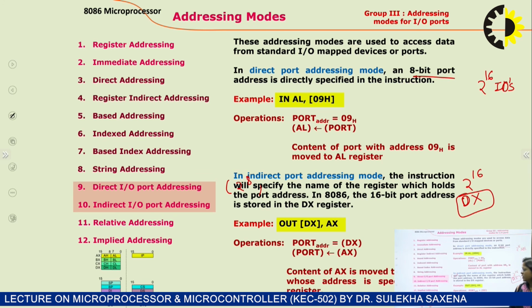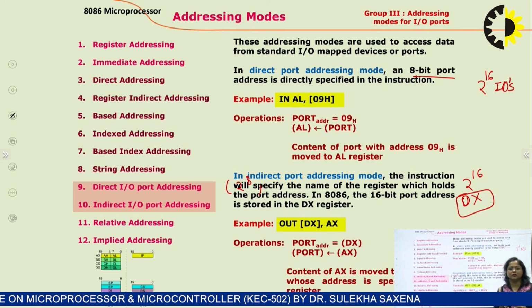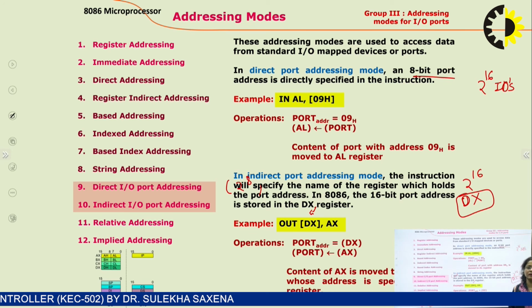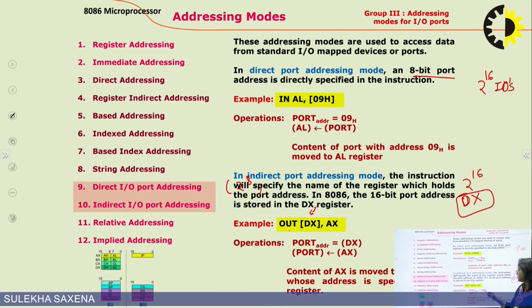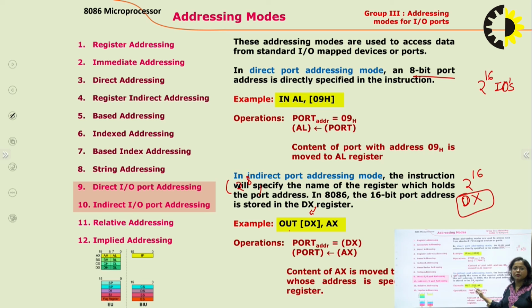So herein the port address is specified in DX register, and this register is used to address memory indirectly. For example, OUT DX, AX means DX consists of the address. So the value of AX is copied to the address whose value is specified in DX register.